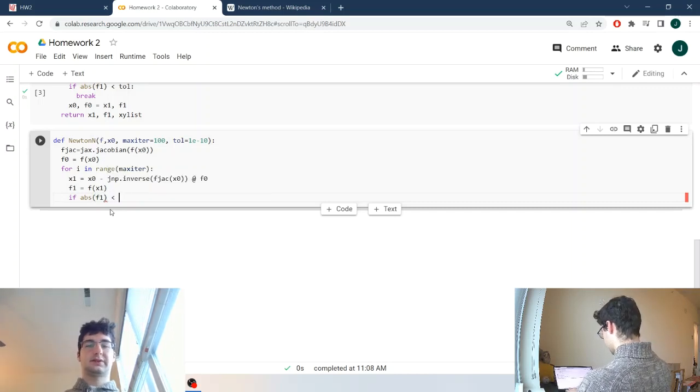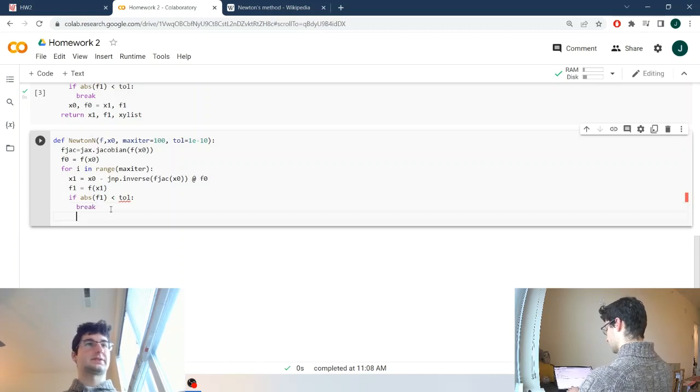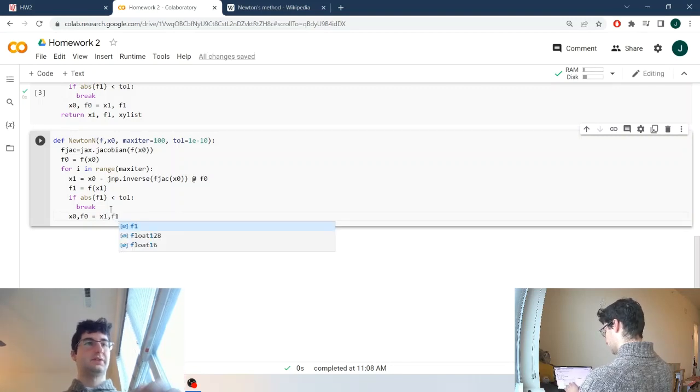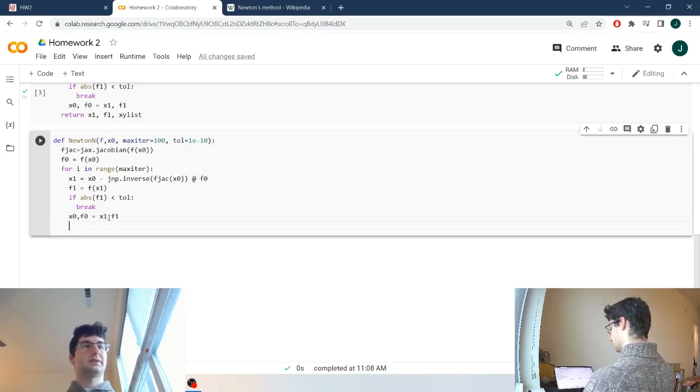Then if it's less than our tolerance, we break as usual. Then we're going to reset our variables for the next iteration, x1 and f1. The existing x1 and f1 will get overwritten when we jump back through this for loop. Okay, so let's return x1, f1.